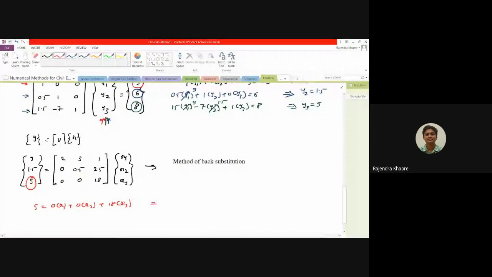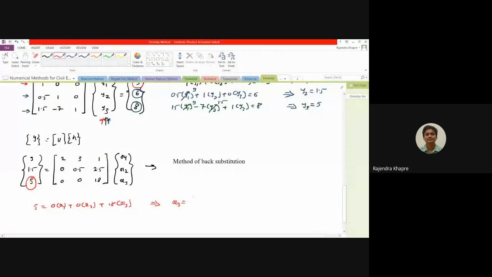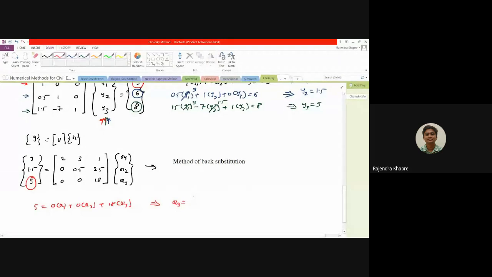If you solve this, what will be the value of x3 you will get? 5 by 18. Now in the method of back substitution, let us go for the second equation.